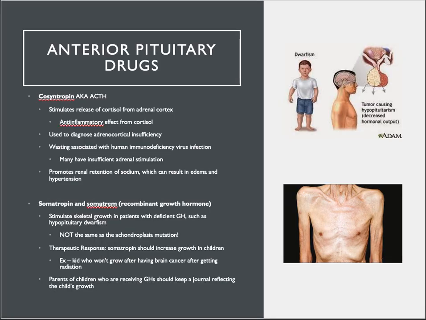Now, if we do have a problem with the pituitary gland and it's not secreting its hormones, or maybe we're trying to figure out what's going on with it, then we can use a couple of medications here. So first up, cosyntropin is synthetic ACTH, and it stimulates the release of cortisol from the adrenal cortex. So if say your patient's adrenal cortex isn't secreting cortisol, well, we've got to figure out if it's the adrenal gland or if it's the pituitary gland.